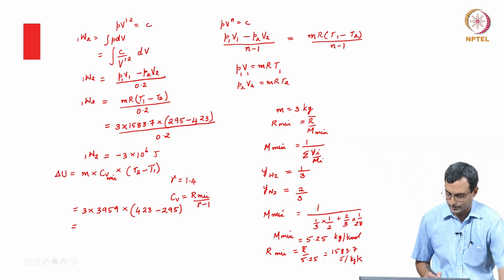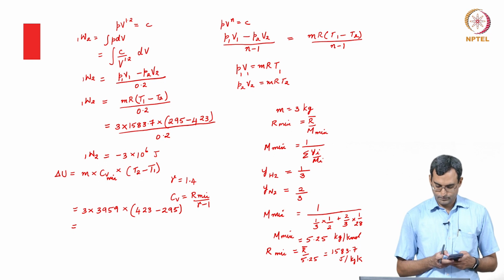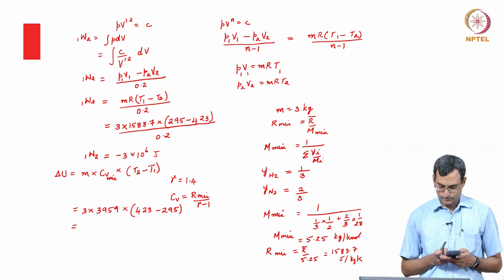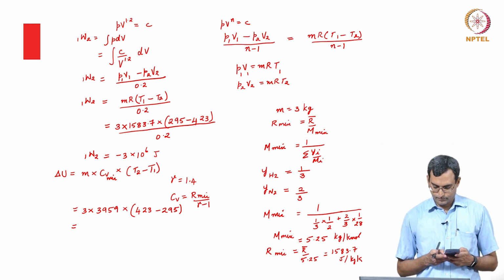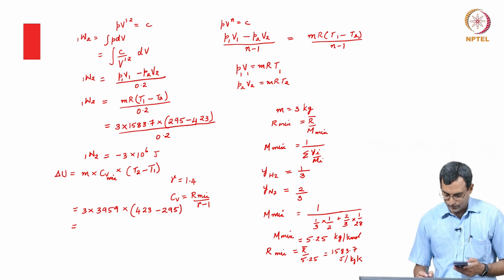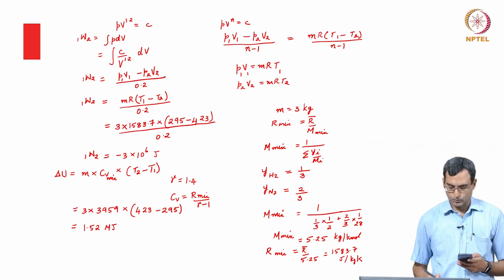So, this is the delta U, which gives me a value of 1.52 megajoule.